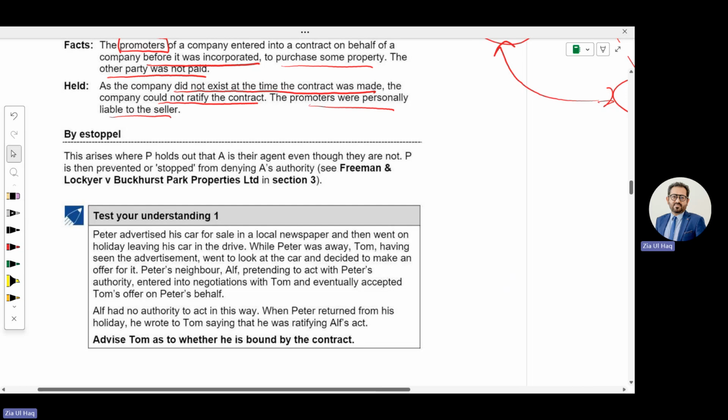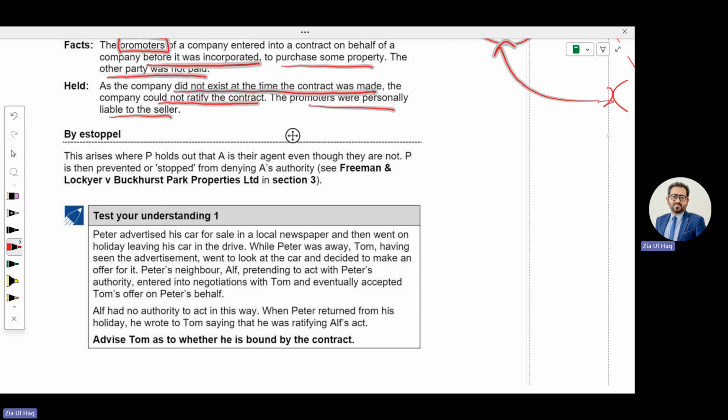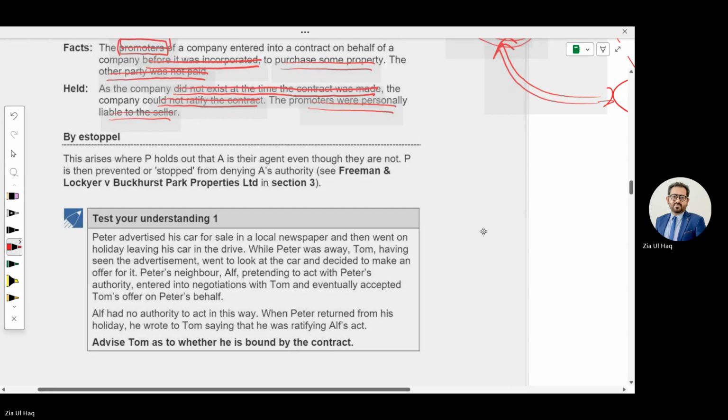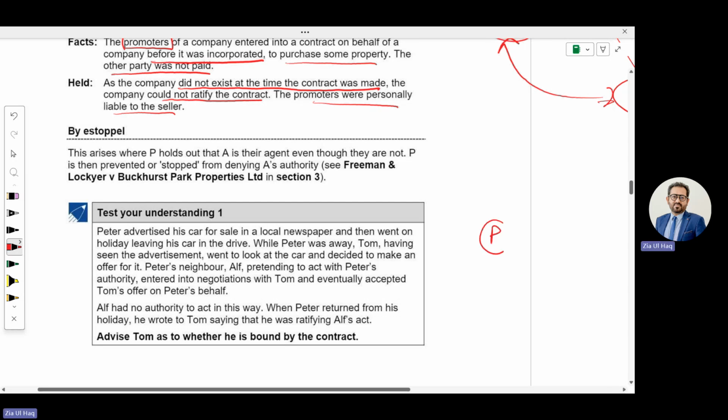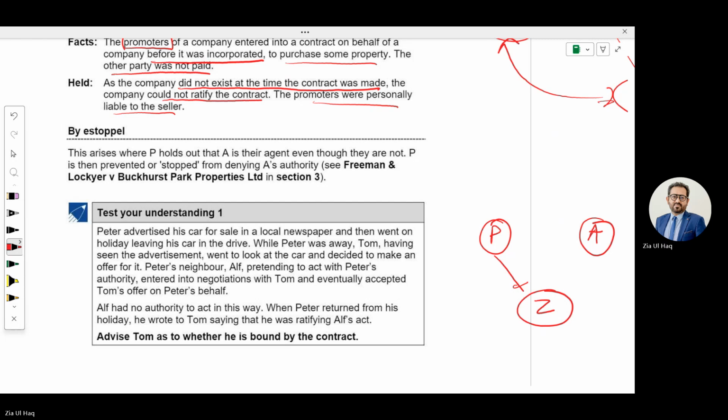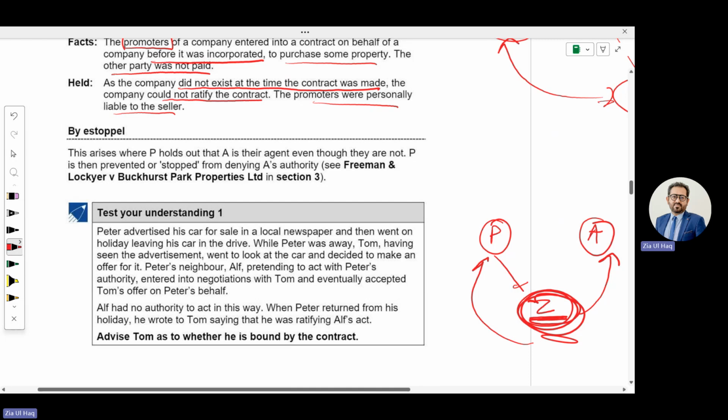What is meant by agency by estoppel? This arises where P, the principal, holds out that A is their agent. The principal is saying to the other party Z, A is my agent, saying to the world A is my agent, while A in fact is not his agent, and there is no agency contract between P and A. If Z performs some transaction with A, aware he is the agent of the principal, and Z suffers some loss, he sues the principal for the loss.